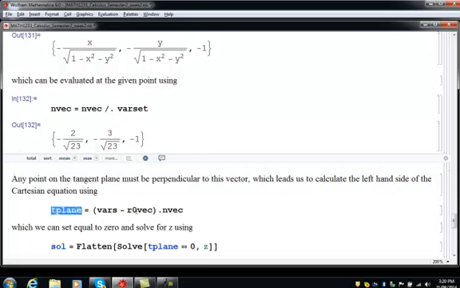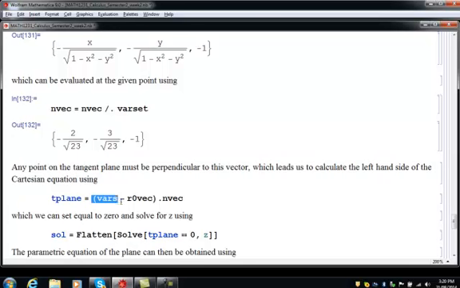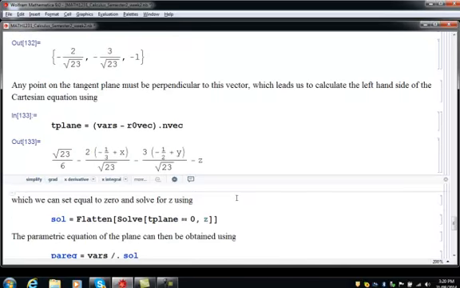So for the tangent plane, we take the vector connecting the variables to the point on the surface, and then we take the scalar product with the normal vector, since this vector here has to be perpendicular to that, so that will give us the equation of the plane. And there it is. And we can set that equal to 0 and solve it for z using this.